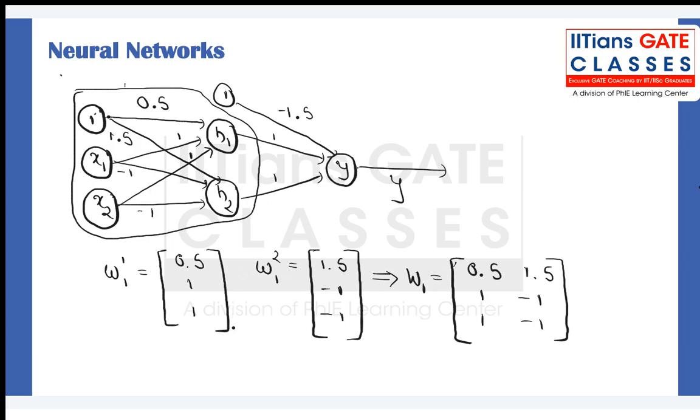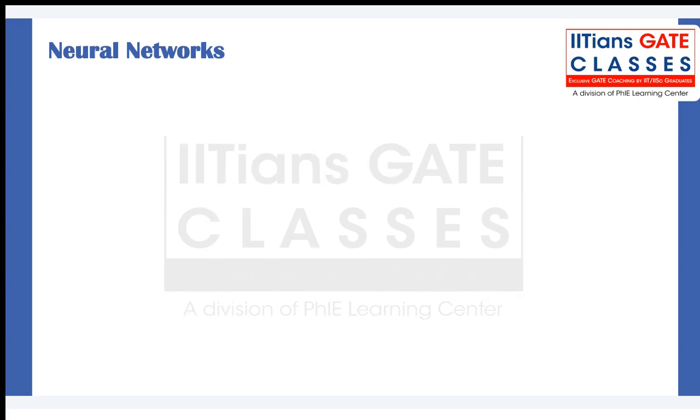And my X will now be a matrix. The first element will be the first data point, which is 0, 0, and the 1 is part of the bias. The second is 1, 0, 1.